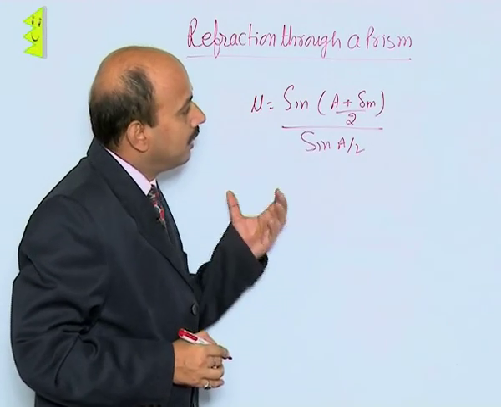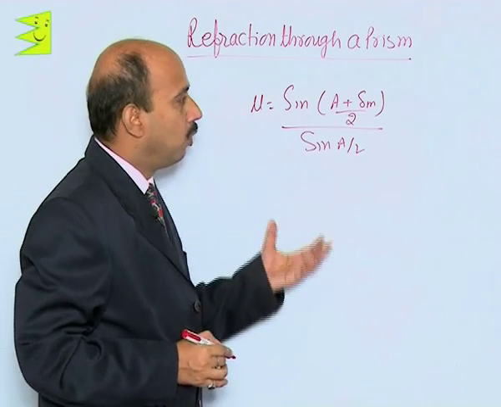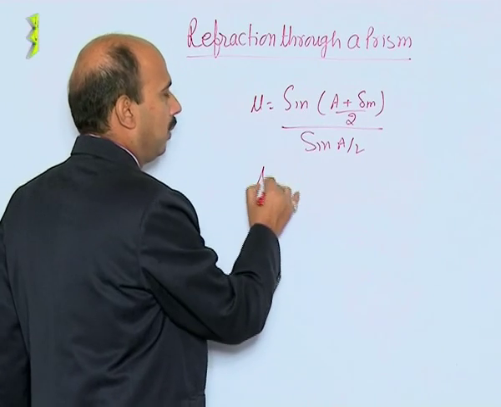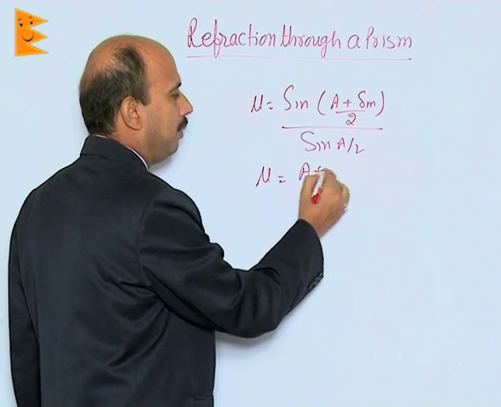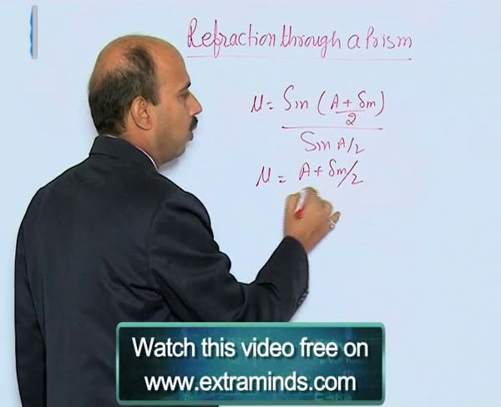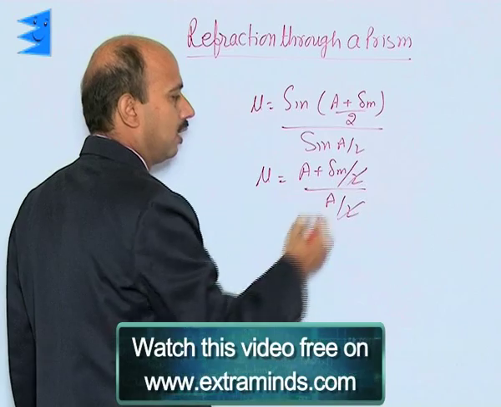If we are taking small angles, then for small angles it can be written mu is equal to, the sin will be removed, A plus delta M upon 2 upon A by 2, and this 2 will get cancelled.